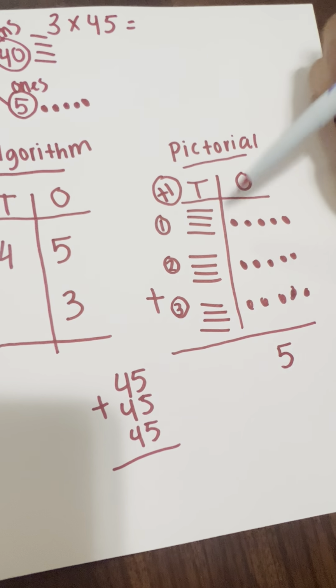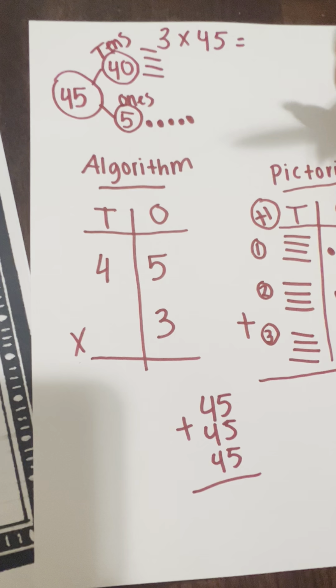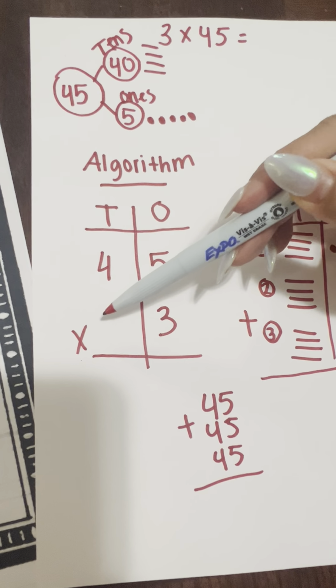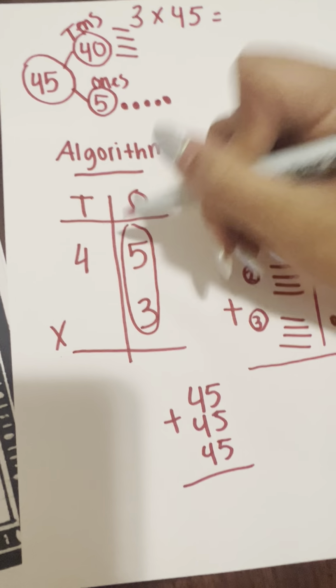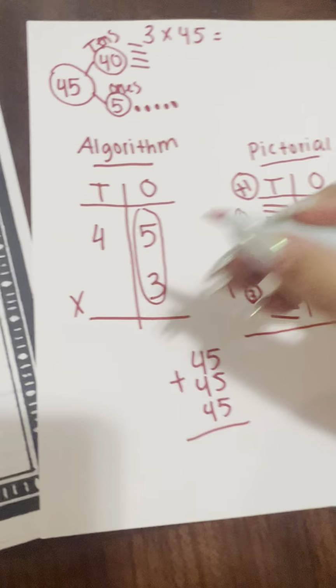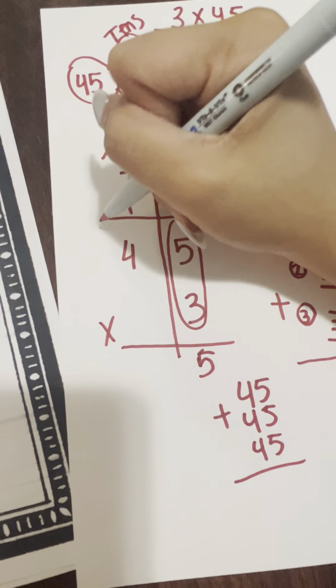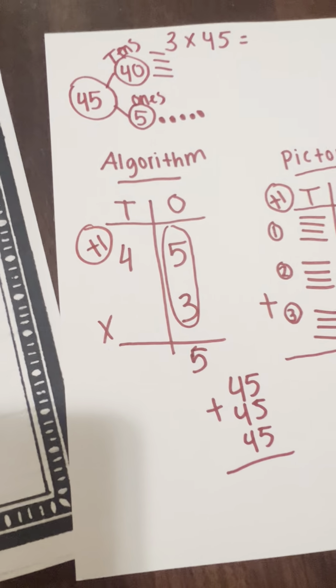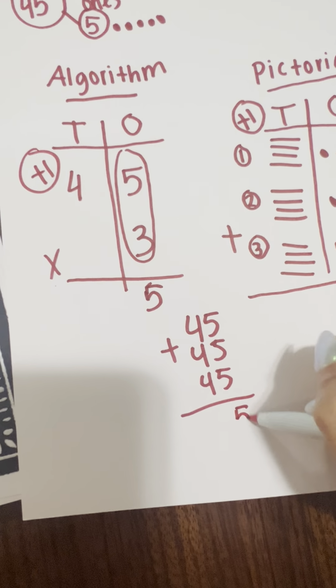We did our ones place, so let's focus on our ones place only over here. Which 2 numbers are in the ones place? 5 and 3. So 5 times 3 should give us 15. Write the 5 and carry my 1. Same over here: 5 plus 5 plus 5 is 15.